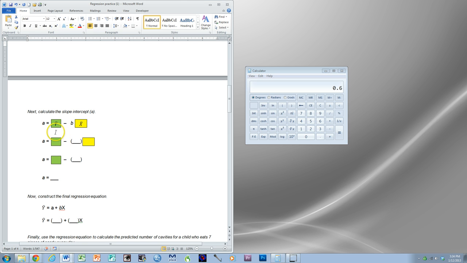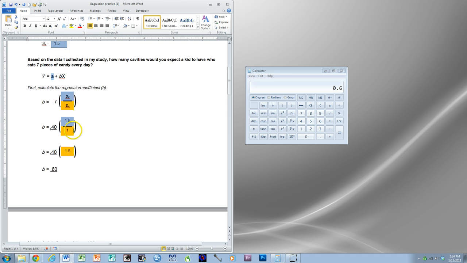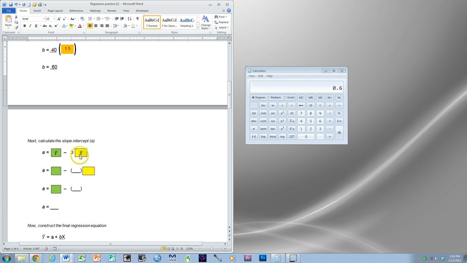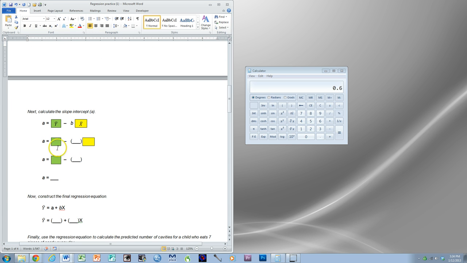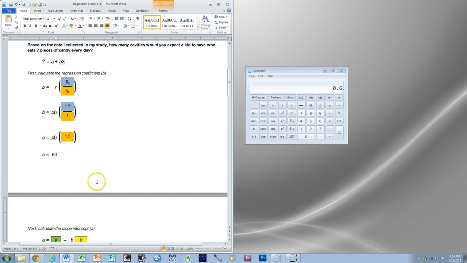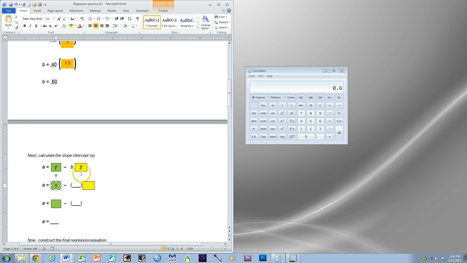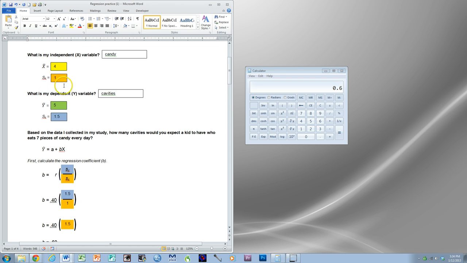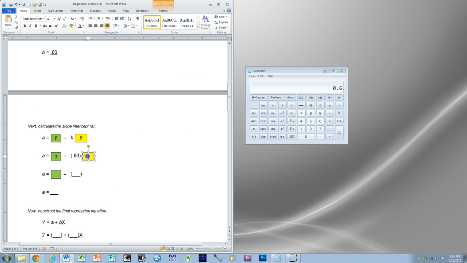So the slope intercept is the mean of y minus the beta coefficient, or the regression coefficient, times the mean of x. The mean of y we know is 5, the average number of cavities. Our beta coefficient we just calculated at 0.60. And the mean of x is 4, the average number of pieces of candy.